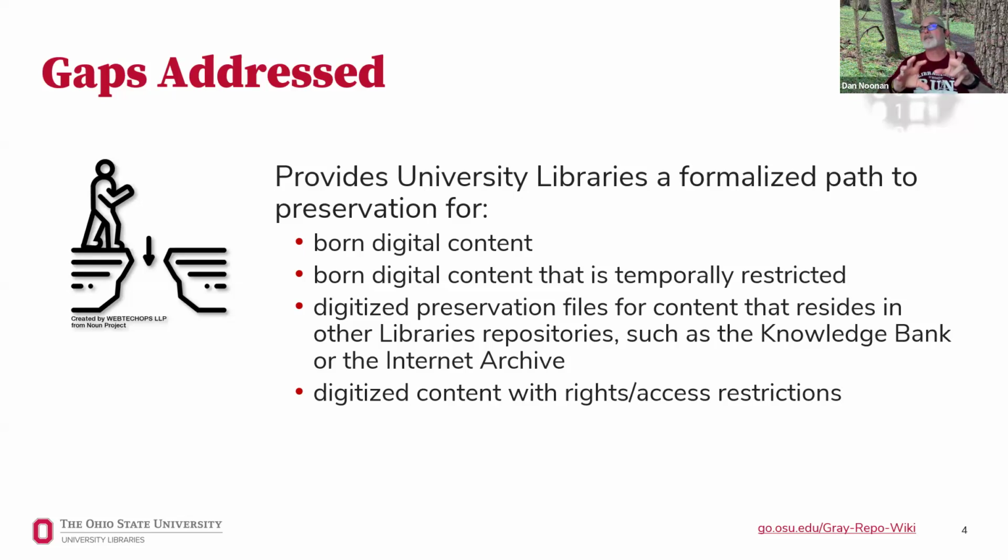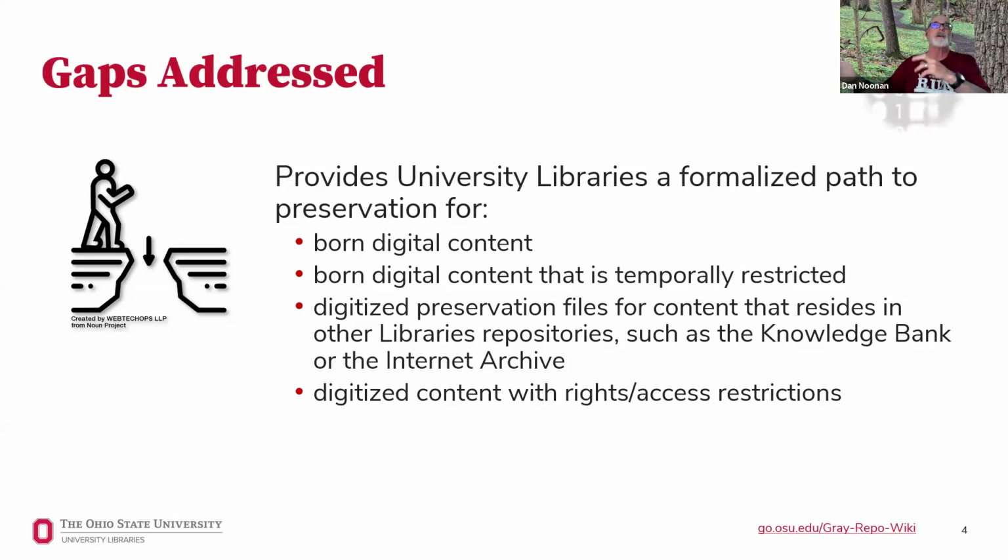About half of the content on there, close to 1 million assets, are the preservation files for what we call the Knowledge Bank, which is our DSpace institutional repository, which served as kind of a special collections digital repository before we had anything else.